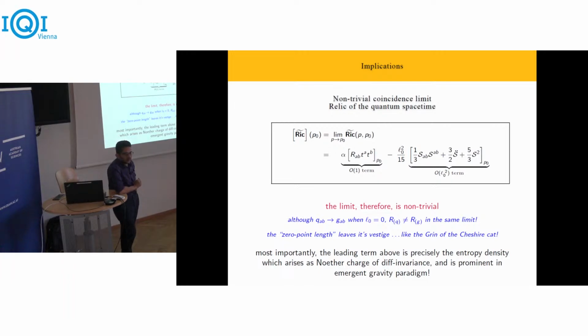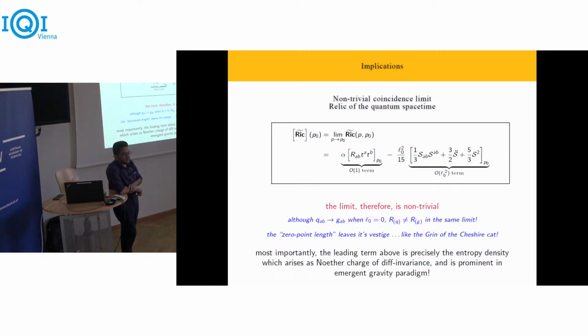So, I hope I am making this point clear because it is quite important. What I am saying is that you start with a geometry which reduces to standard metric geometry when L naught equal to 0, but the curvature constructed for that geometry does not reduce to the curvature of the background metric in the limit when Planck length is 0.